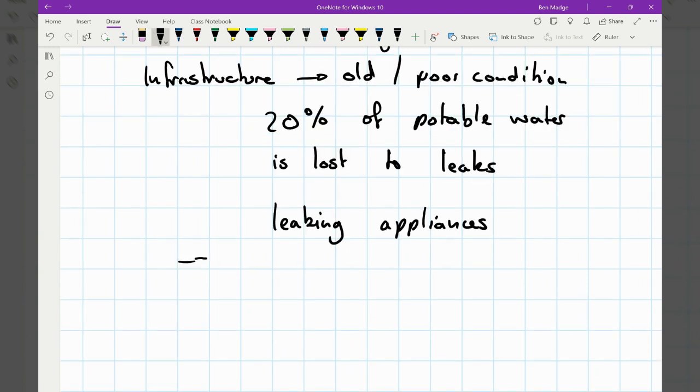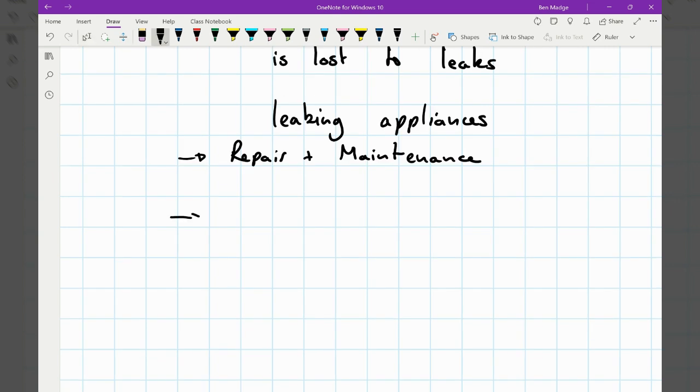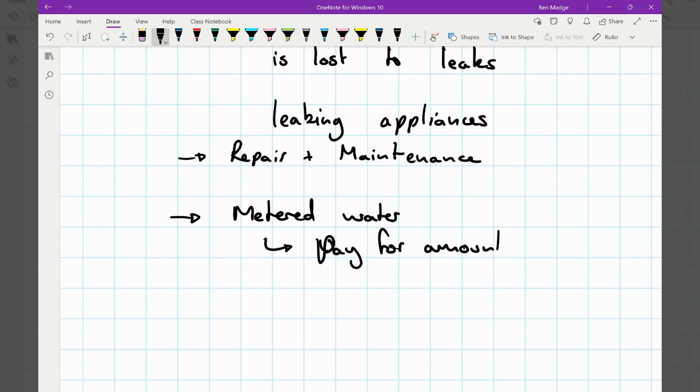So what we need to do is have repair and preventative maintenance to reduce it, and the other thing we can do is get people to pay, have metered water, which means you pay for the amount used, and this acts as an incentive to reduce usage, because then it will save you money.